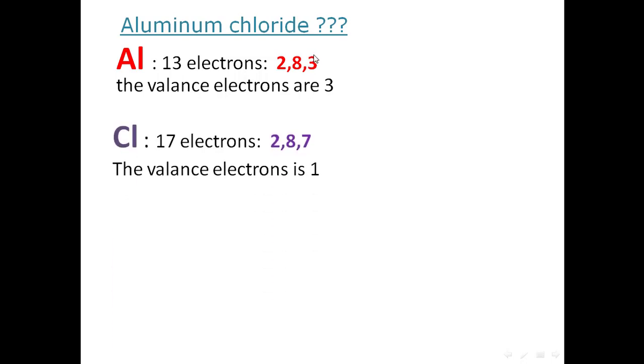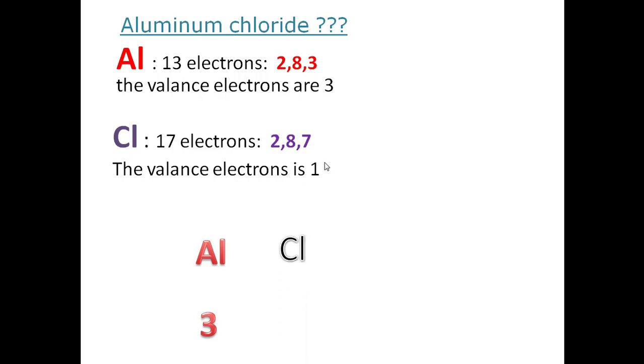What about the valence electrons of chlorine atom? Chlorine atom has 7 electrons in its outer shell, which means it needs to gain 1 electron. So the valence electrons here is equal to 1. So we write aluminum symbol, and then we put the valence electrons below.